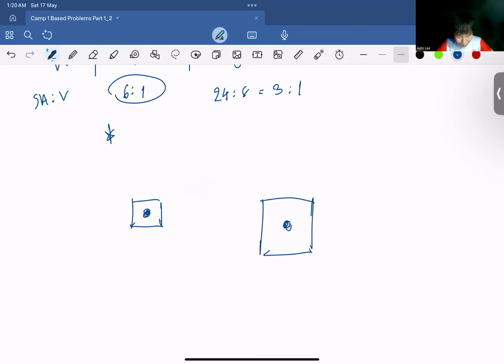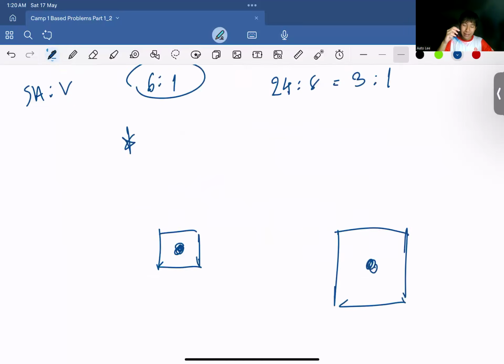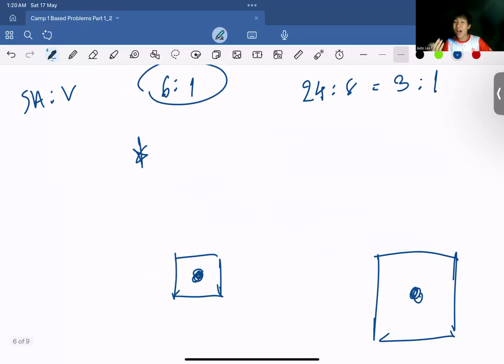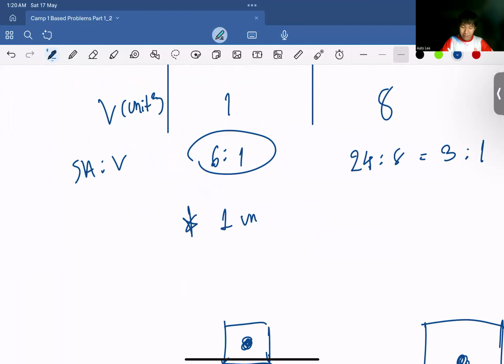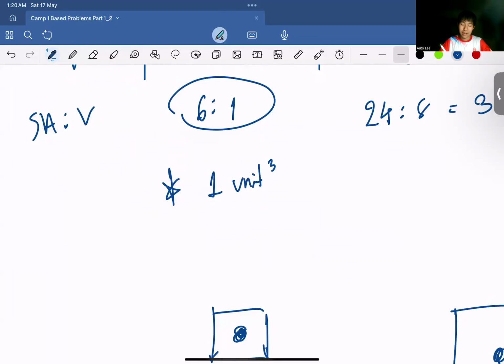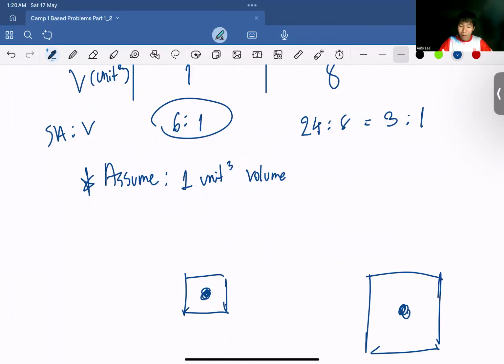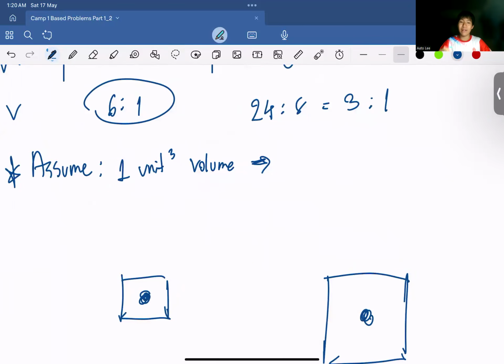And let's say that each unit of volume, so 1 unit cube, requires, I'm just going to write this arrow, 1 chunk of oxygen. Now this is pretty arbitrary, but let's just assume that.